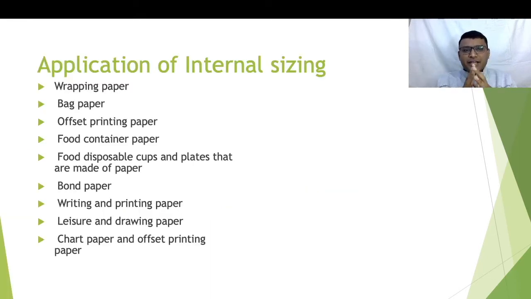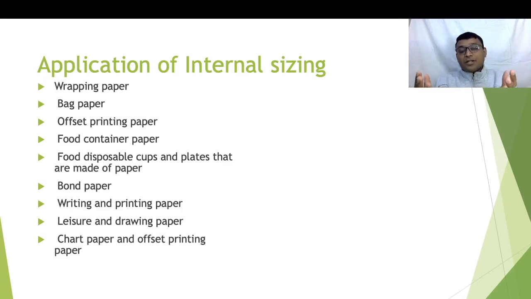Where do you think internal sizing is used? It is used for wrapping things, gift packing, or even these days, you are buying a lot of products from e-commerce companies. If you order a gift pack, it is wrapped in a particular paper and given.